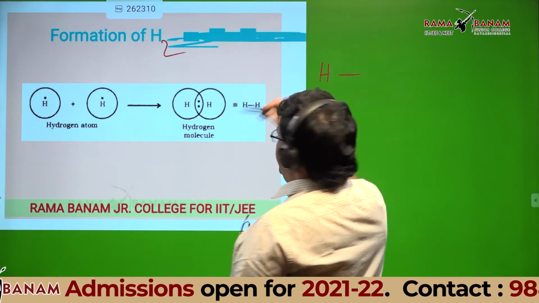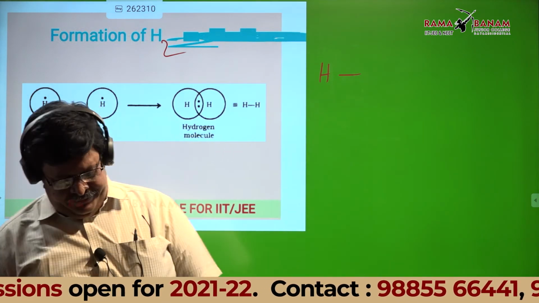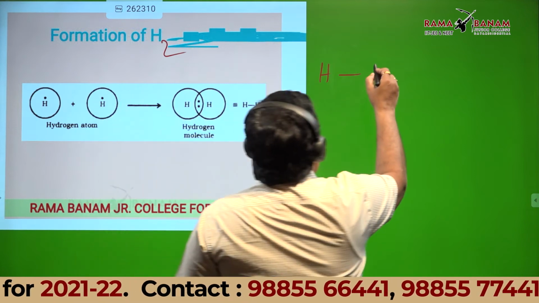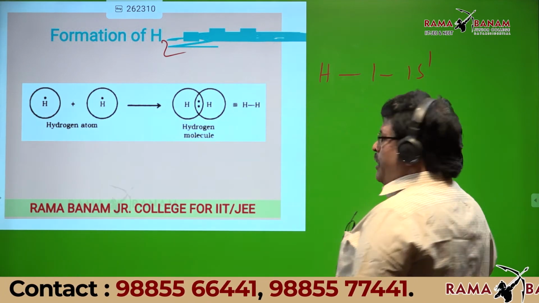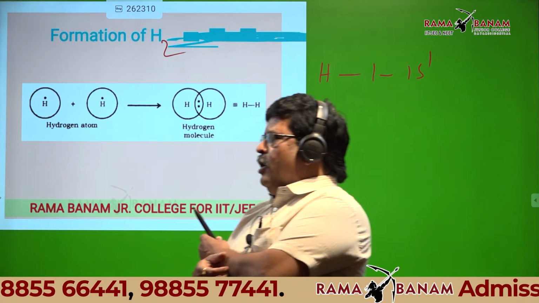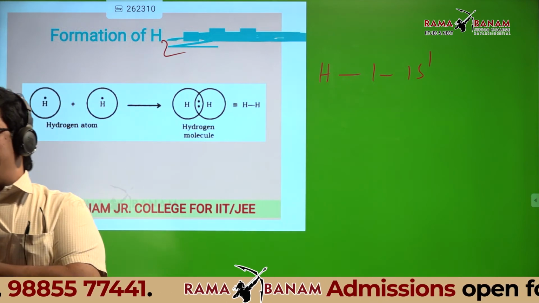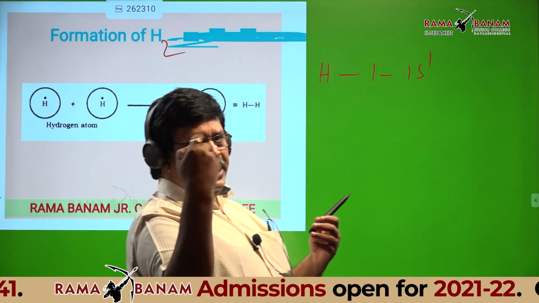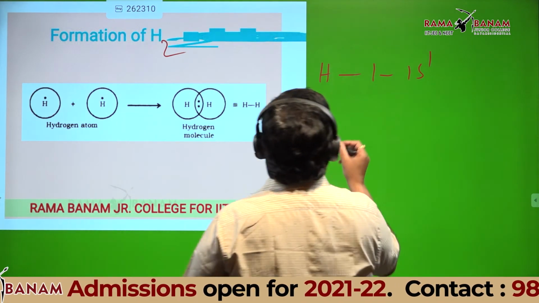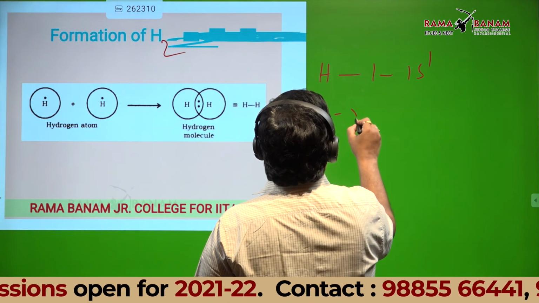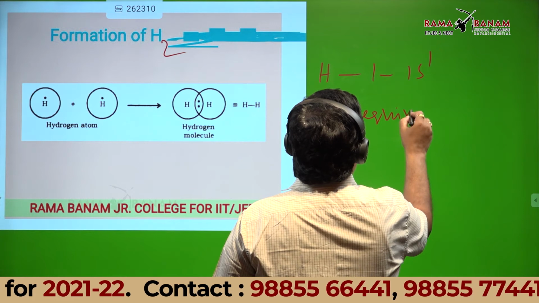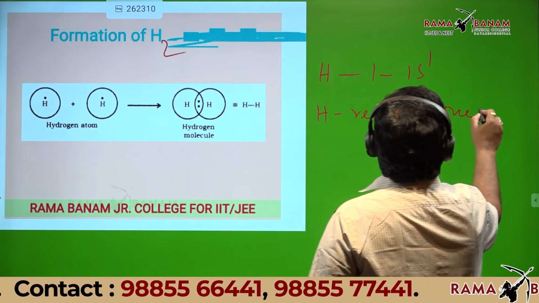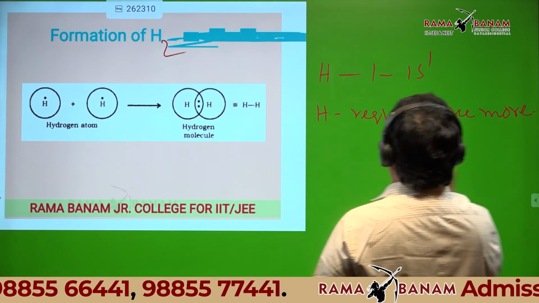Can anyone tell the atomic number of hydrogen? One. How many electrons does hydrogen require to attain the nearest inert gas configuration? One. So hydrogen requires one more electron, is it not?